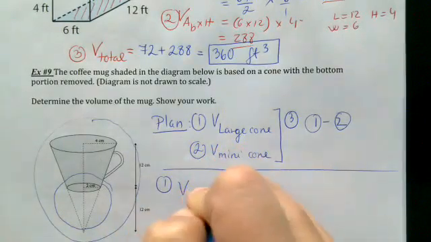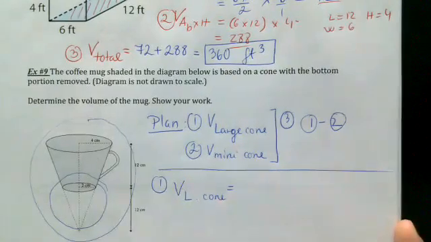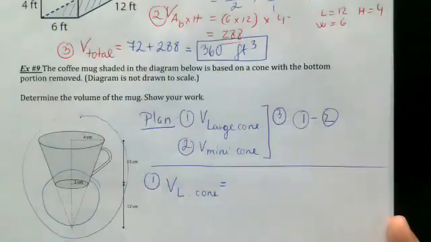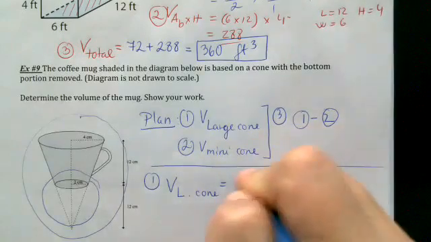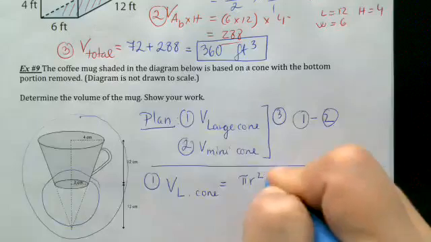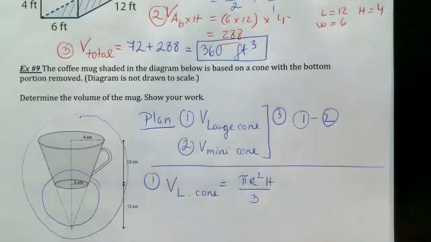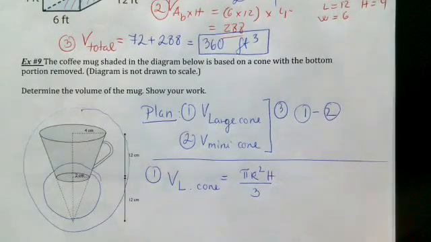Volume of the large cone. Volume of the cone is the formula pi r squared h divided by 3. Let's use capitals for the large one. You can also write it as 1/3 times pi r squared h, the same thing.